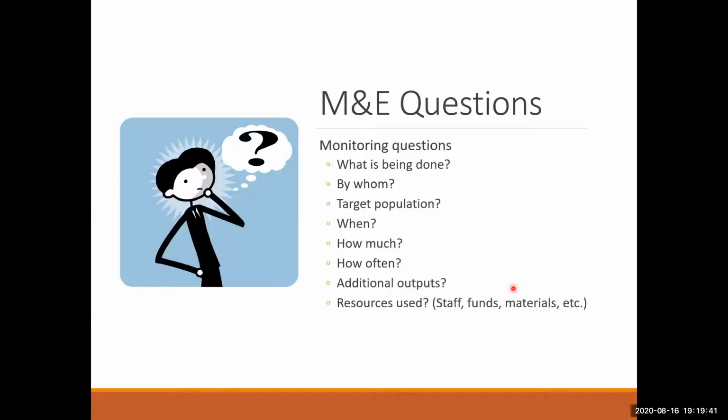Target population. We will talk about that separately. When, which is the period of the project and the detail. How much, which is the number of the inputs. How often, which is also sometimes the period, and these types of things depend on the template. The output and resources used: staff, funds, materials, etc.